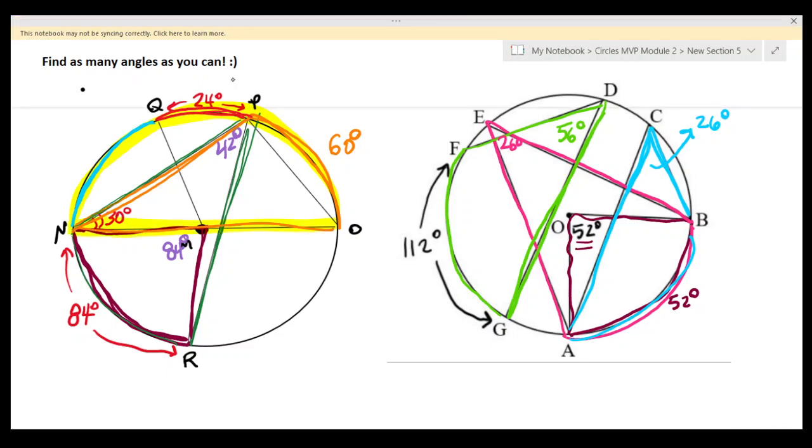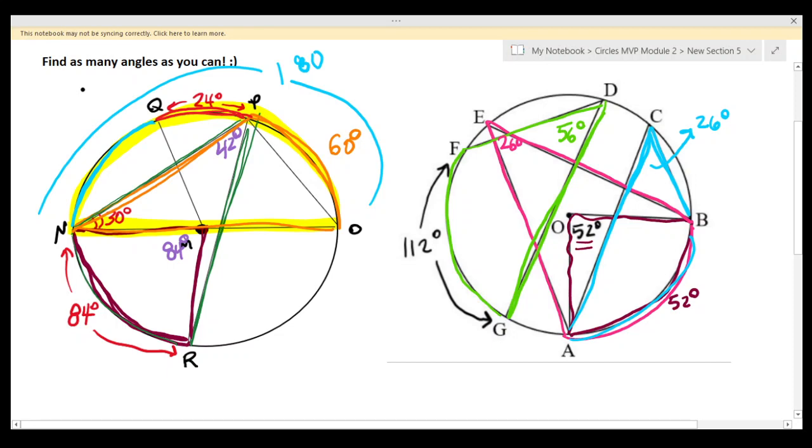Semicircles are equal to 180 degrees, which means this whole section is equal to 180 degrees. So to find the measure of just NQ, you would do 180 minus 24 minus 60, and that gives you 96 degrees. That arc goes along with this angle. So this is also equal to 96.